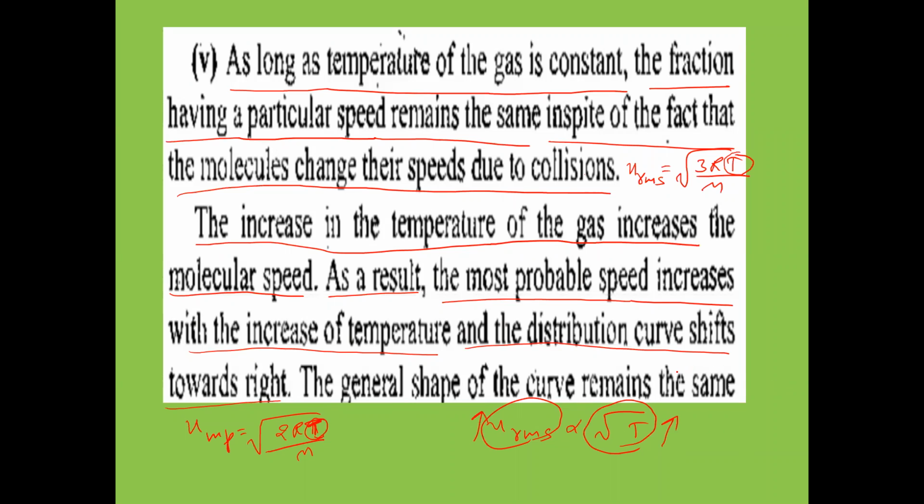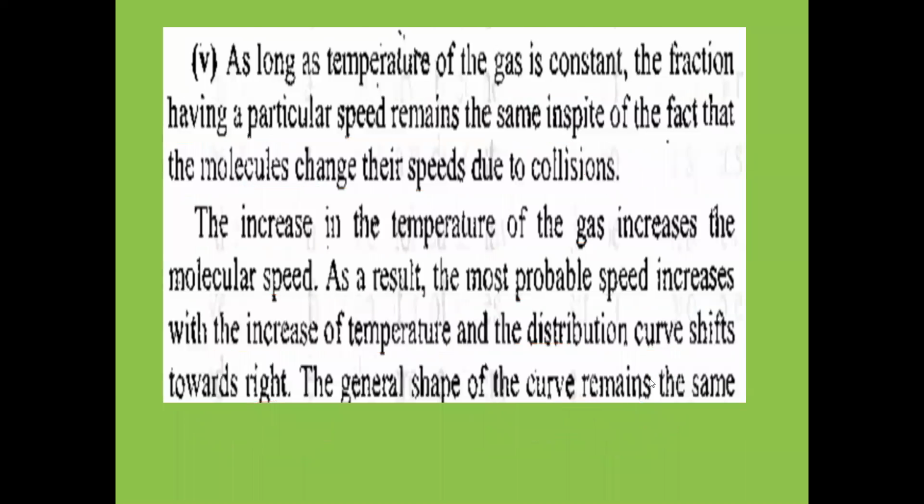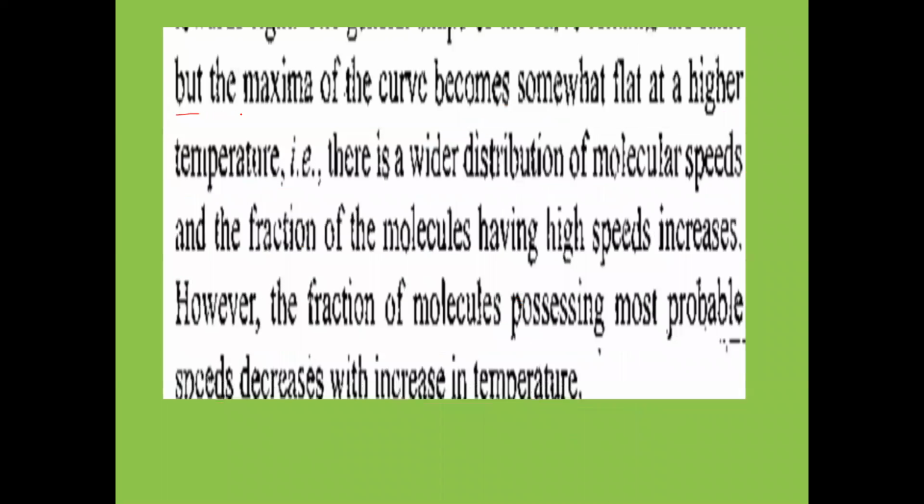When temperature is increased, the shape of the curve, bell shaped curves, remains the same, but the height of the peak will decrease when temperature increases. Okay, keep that point in mind. But the shape remains constant here. But the maximum of the curve becomes what?